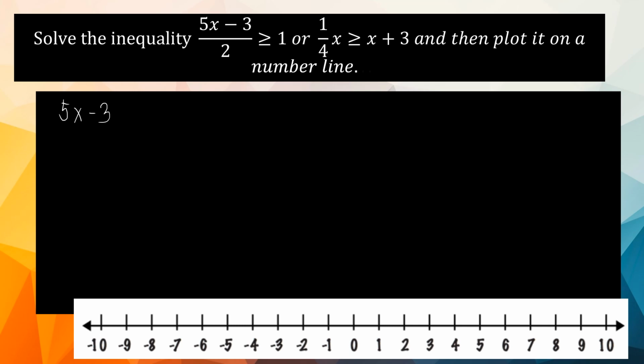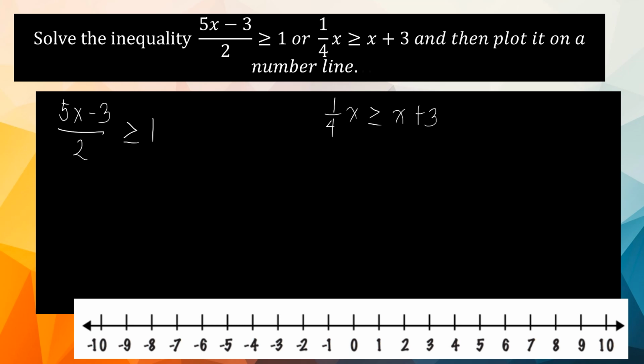5x minus 3 all over 2 is greater than or equal to 1. Then let's try the other one, 1/4 x is greater than or equal to x plus 3. Let's have the first one. We can just cross multiply this.